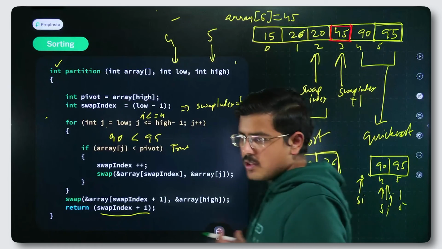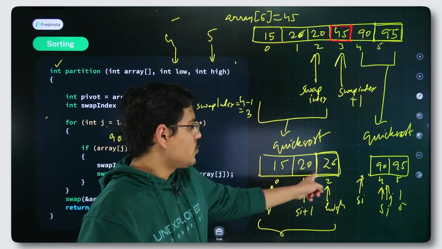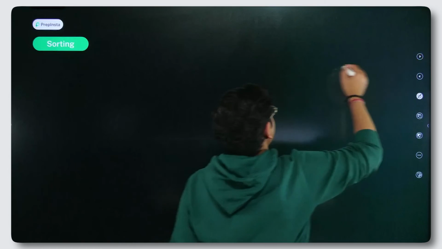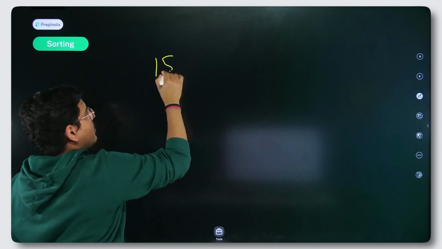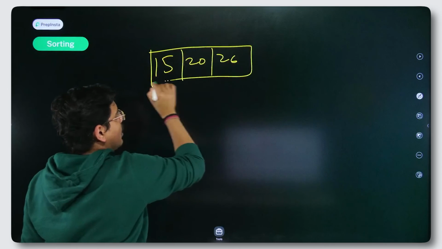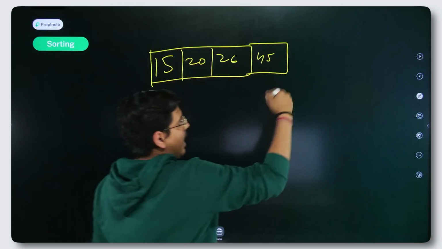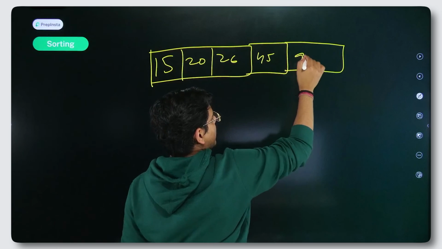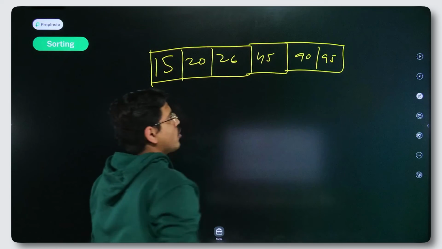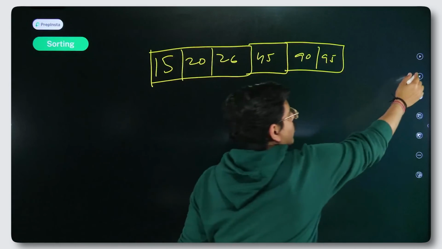So now the partitions are sorted, and once you reach further, see, this partition is sorted as 15, 20, 26. 15, 20 and 26 is one sorted partition. After this, you were having your initial pivot at its correct place, and the right partition, which was 90, 95, is also correctly sorted. So this is the sorted output that you got here.